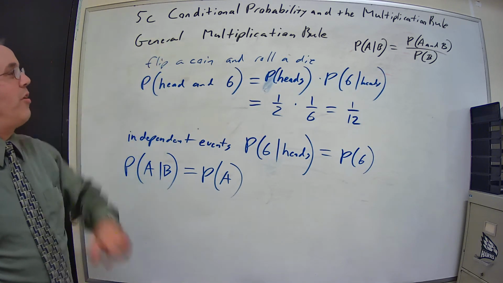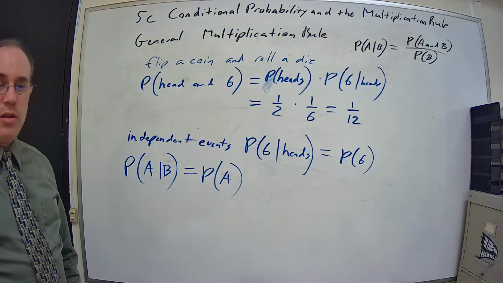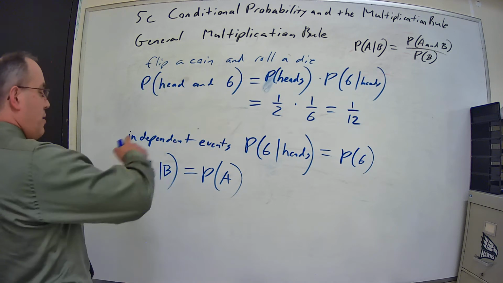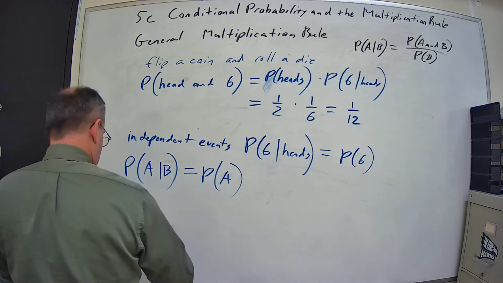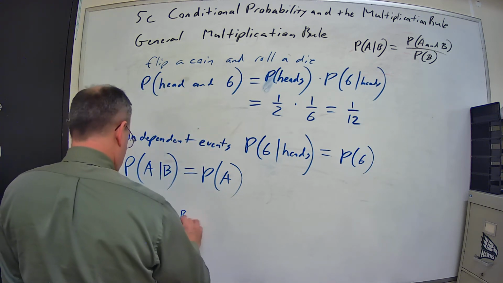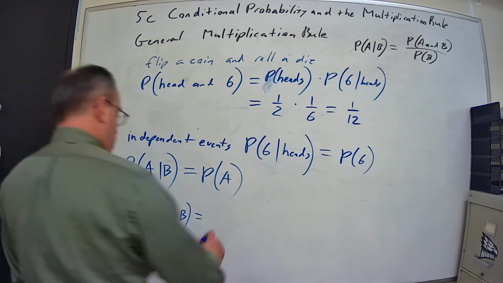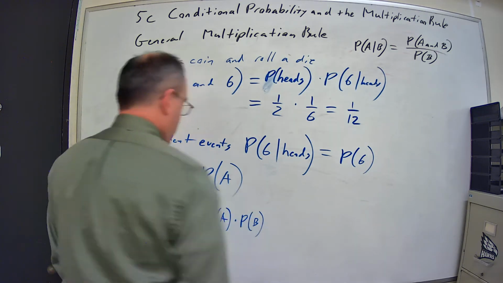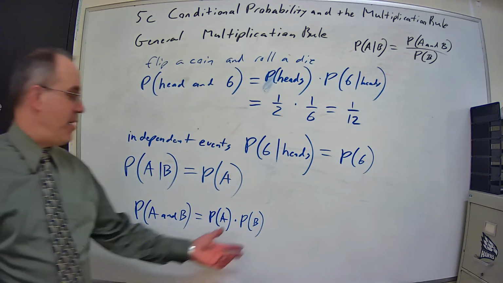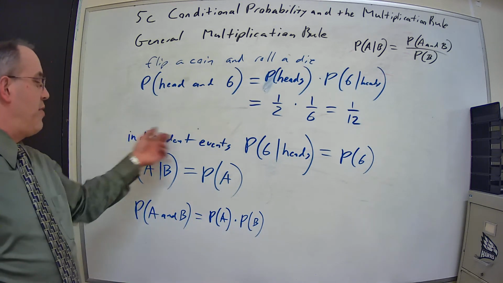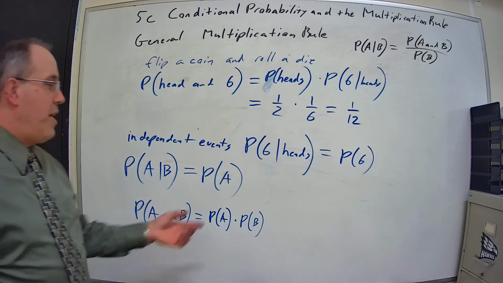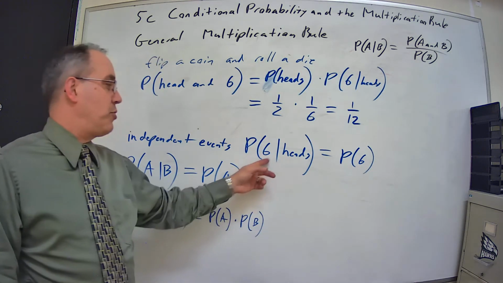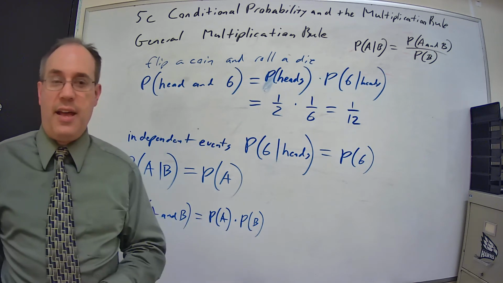Well, what does that do to our general multiplication rule? Now we get a specific case of the multiplication rule. For independent events, the probability that events A and B occur is equal to the probability that event A occurs multiplied by the probability that event B occurs. We don't have to do the conditional because if the events are independent, then the probability of this event occurring is equal to the probability of it occurring given that that has happened.